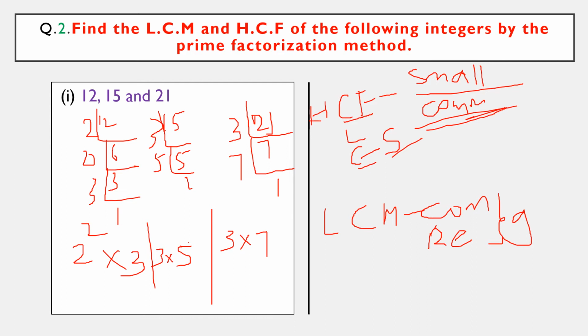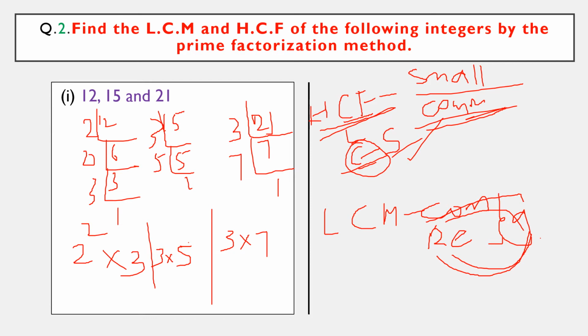LCM means from the common greatest as well as from the remaining also greatest. Here smallest, here greatest. Okay, so I'll go with the problem.